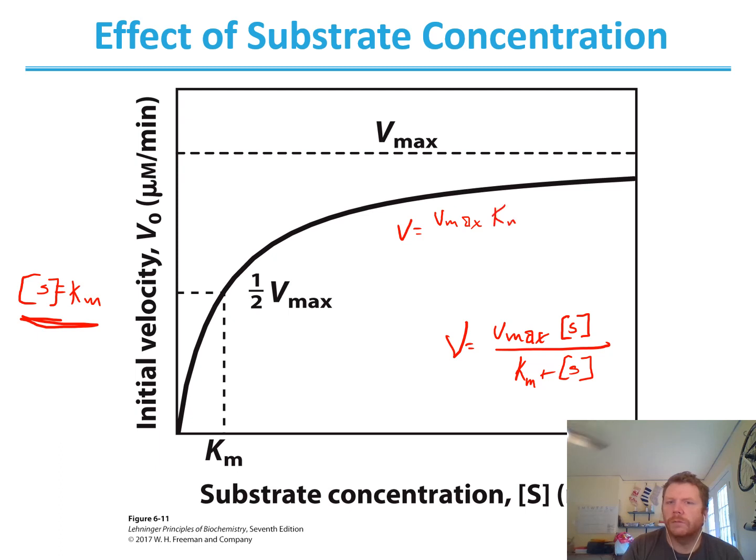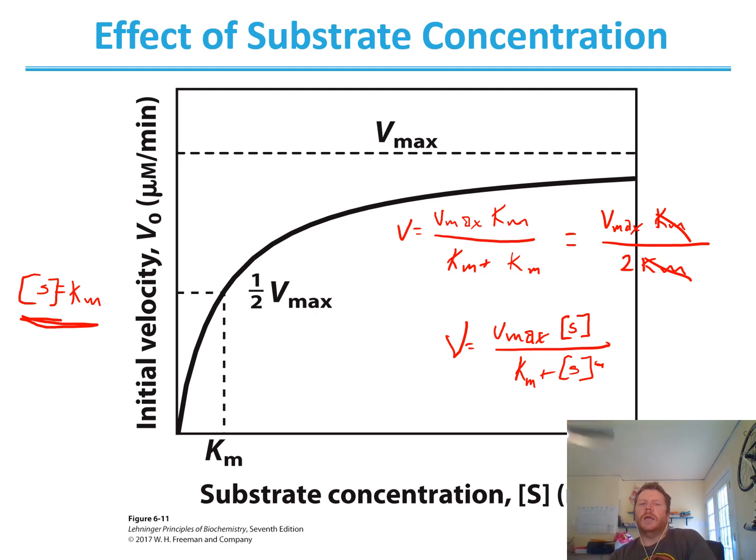It'd be Vmax times Km over Km plus, well, that's again Km. So that effectively becomes Vmax times Km over 2Km. Well, the Km term is gone, and so then it's Vmax over 2. So when our substrate concentration is equal to our Km, we are at half of our Vmax.